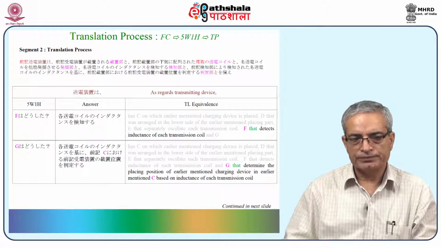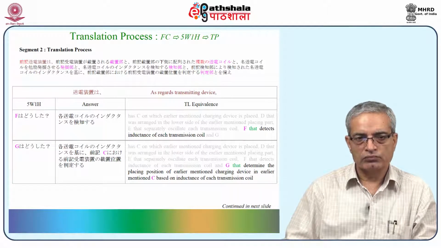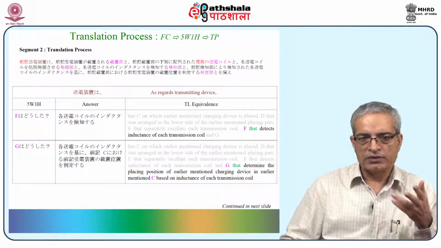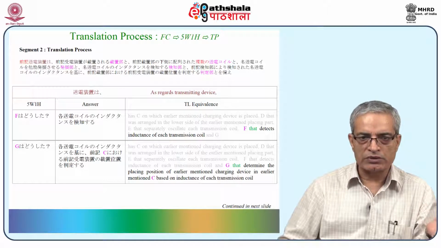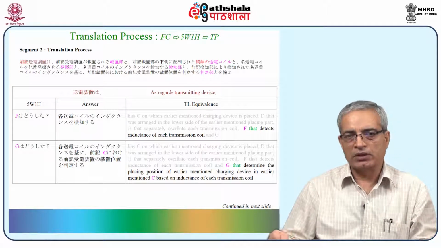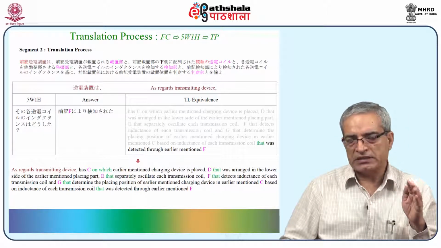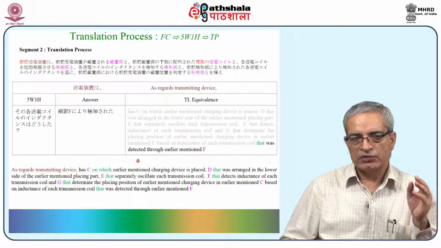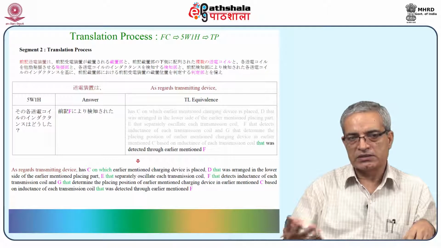And one more. So then coil no inductance wa doshita. Yeah, so it's a further question because there was a further adjectival thing, further explanation. So there is a further question. Zenki F ni yori kenchi sareta. So it's detected through earlier mentioned F. Now if you see carefully, we could easily translate those segments without much difficulty, and putting them together we get this sentence here.